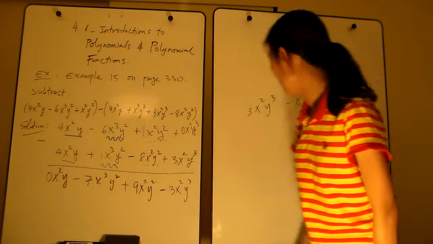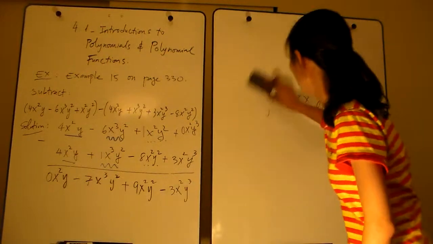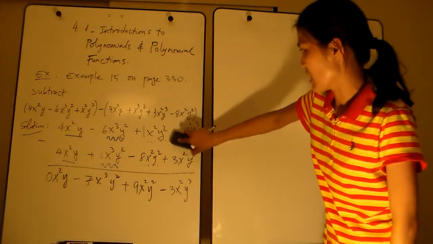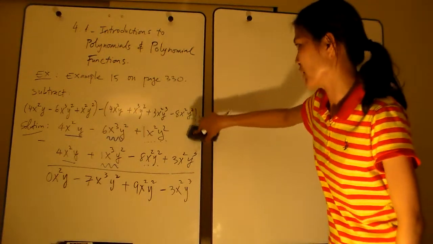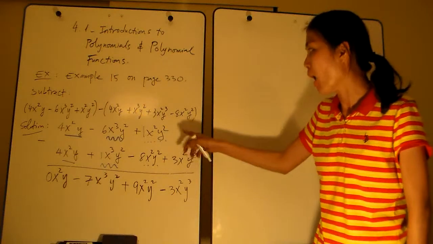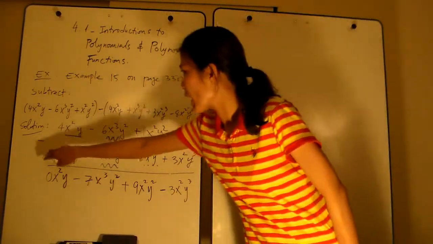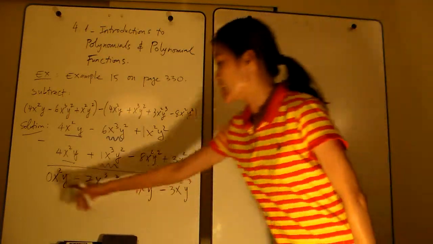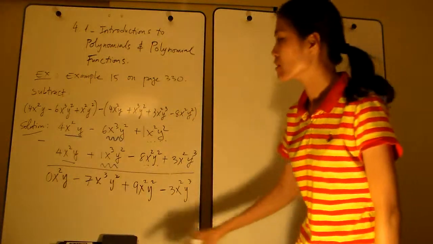So the answer is, okay, we're not done yet. We need to simplify this too. The reason I have it here is to help you see how I combine nothing, subtract, this term. Let's simplify. 0 times anything is 0.